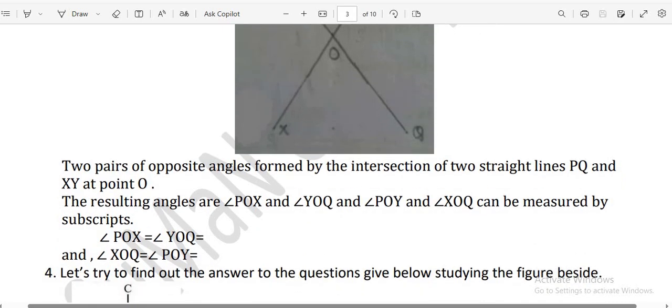So angle POX is equal to angle YOQ is equal to question mark, and angle XOQ is equal to angle POY. You yourself measure and write with the help of the protractor.